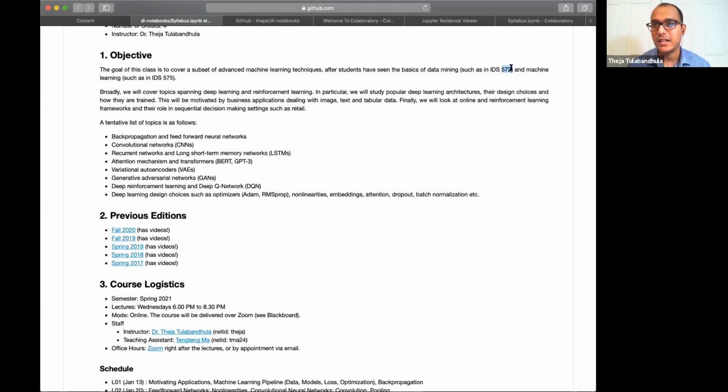Conventional means when you have tables, let's say databases and so on, where you're getting data from. Then probably the methods that you saw in 572 and 575 are sufficient. But more recently, for many industries as well as companies, it's become important to work with unstructured data. One prime example is text, literally reviews or customer support logs or transcripts or product descriptions.